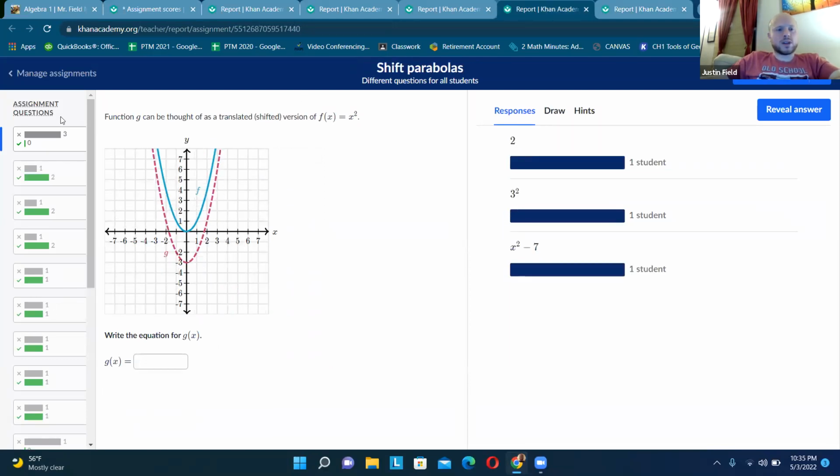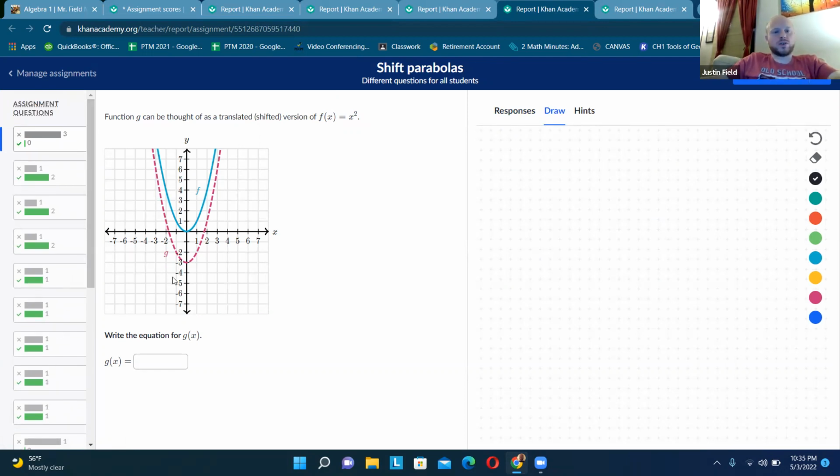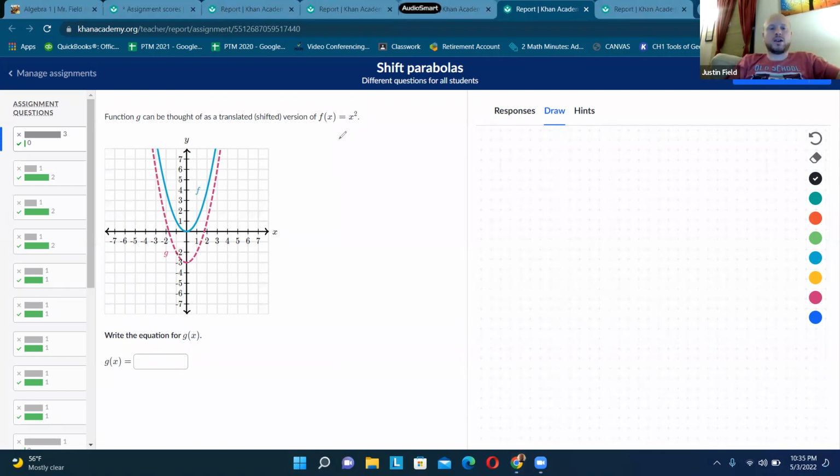Okay, so this was the number one missed question out of the few people that have done this so far. When we are talking about shifting the parabola, we are not changing the shape. We're not looking at the A value, only at the vertex form. So we know vertex form is like this, right? But did you ever think about that H as being the left-right shift?